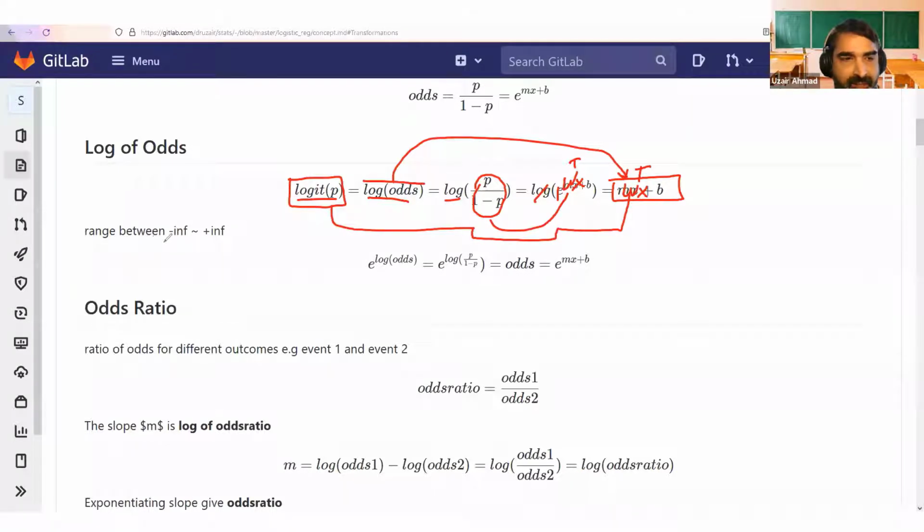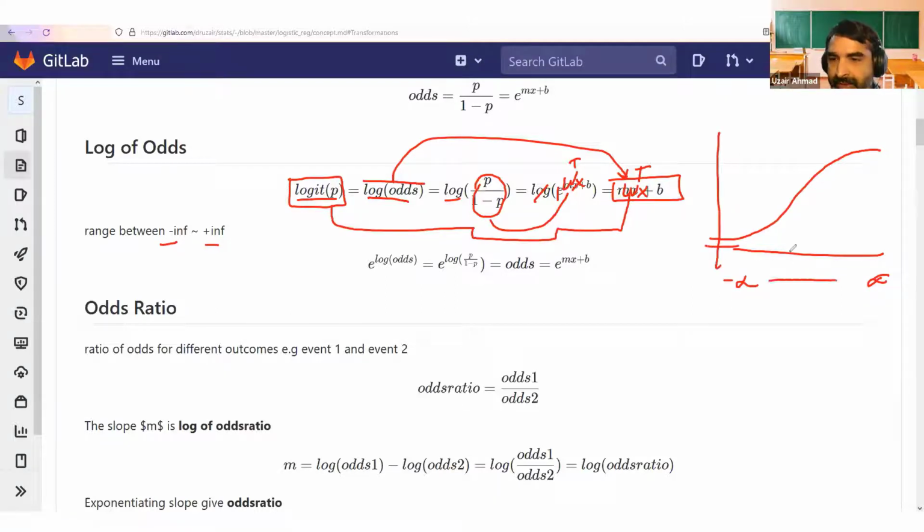The range of these values is between minus infinity and plus infinity. On the x-axis we have minus infinity to plus infinity, and it squashes all these values into the range of 0 to 1.